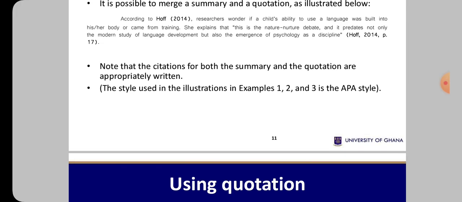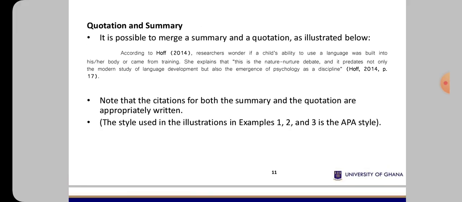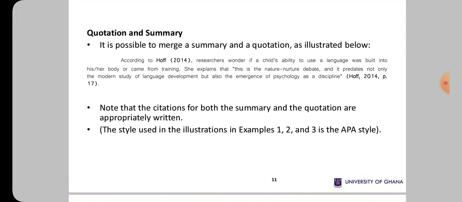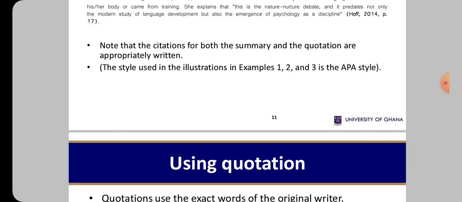It predates not only the modern study of language development, but also the emergence of psychology as a discipline. Hoff 2014, page 17. So that is it. Know that the citations for both the summary and the quotation are appropriately written. This style is used in the illustrations.